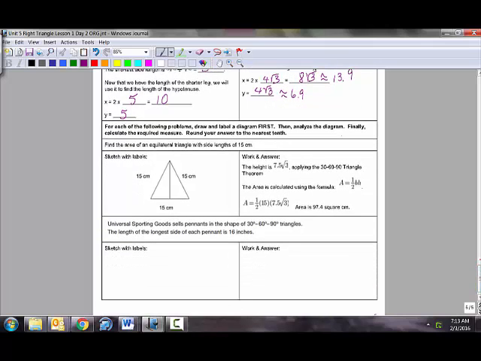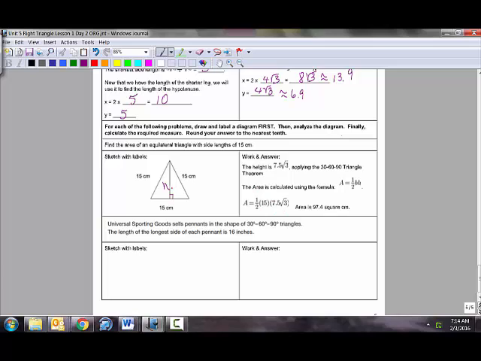Okay, so for each of the problems that follow here, we need to draw a picture first, label it, and then we can analyze the picture, come up with some sort of formula, substitute in the formula, and solve for what we need to know. So here we said find the area of an equilateral triangle with side lengths of 15. So we draw an equilateral triangle. To find the area, I need to use the formula 1/2 base times height.